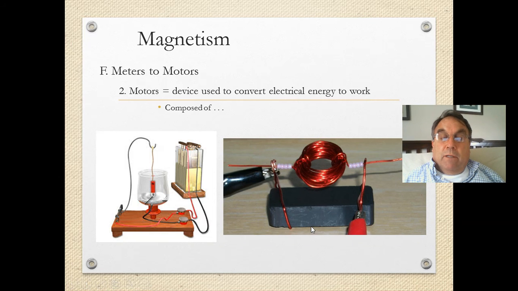We're also going to make one like this, where the current is running through what's called an armature, just a bunch of coils, and then out the other end. So there's a magnetic field inside and out of this magnet, and it's oriented in a certain direction.